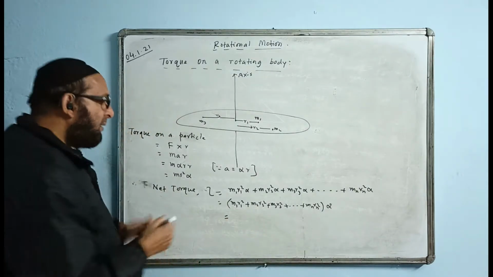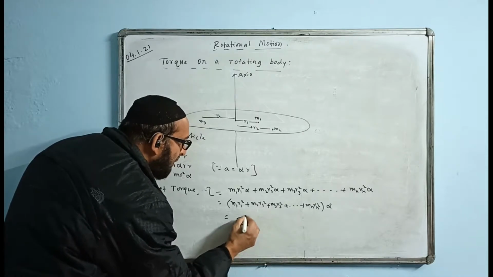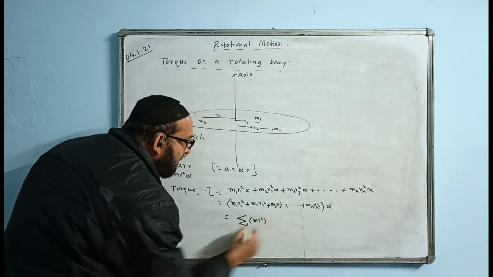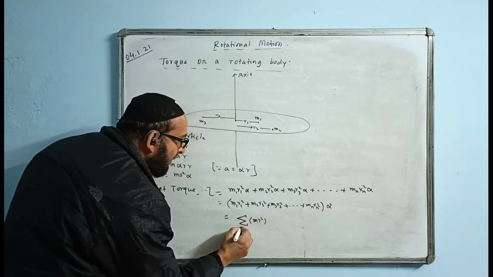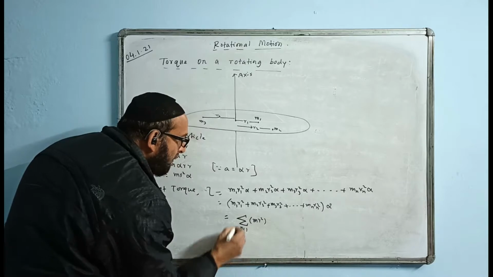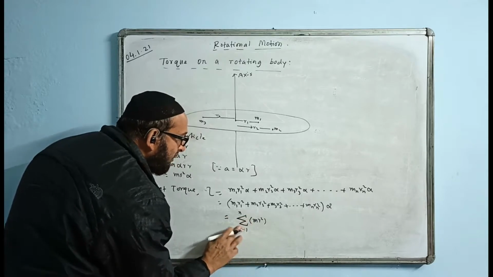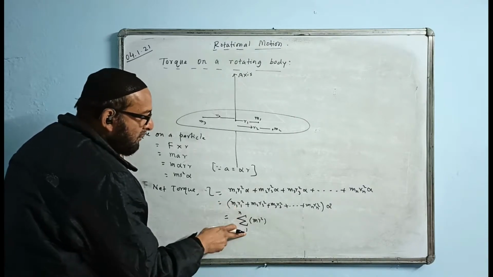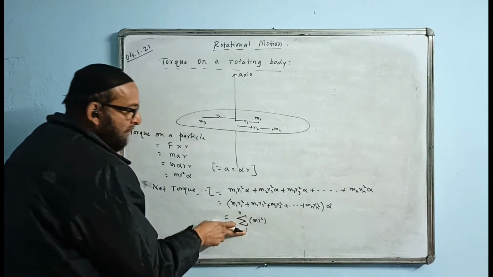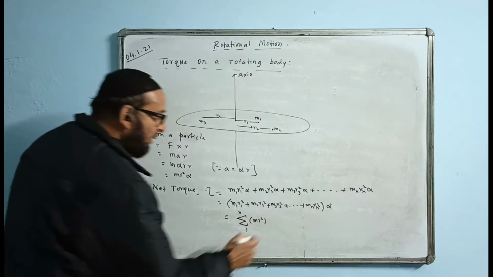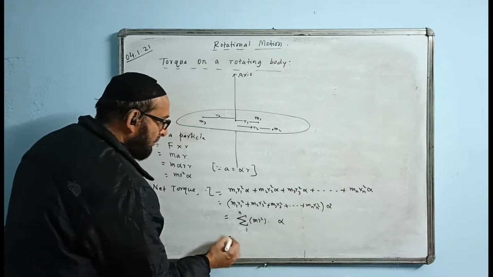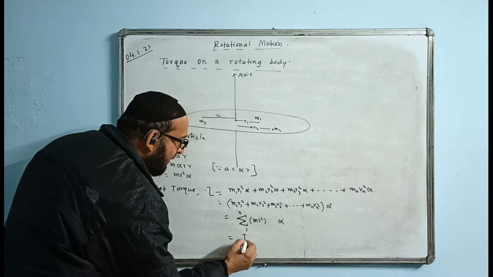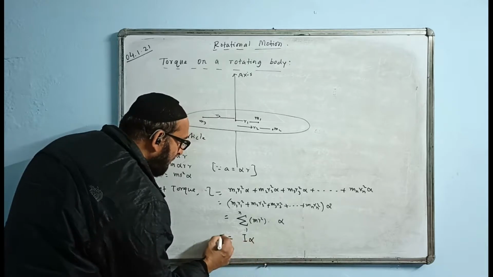We write this in this format as sigma of m r square, where the suffix runs from 1 to n, from the first particle to the nth particle. Alpha we keep aside. This quantity is denoted by I, and we write tau equals I alpha.